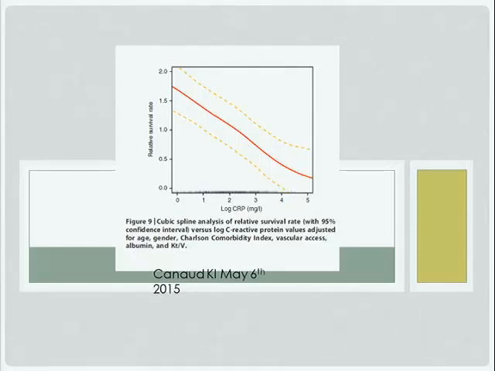Similarly, there is a relationship between survival rate and CRP, and CRP is very well removed, so you have survival improving with more removal of CRP, an inflammatory marker which may have a role in inflammation as well. But the important thing is that evidence is now being shown that you actually are removing significant amounts of middle molecules, and presumably that's the reason why the survival is now better with hemodiafiltration.